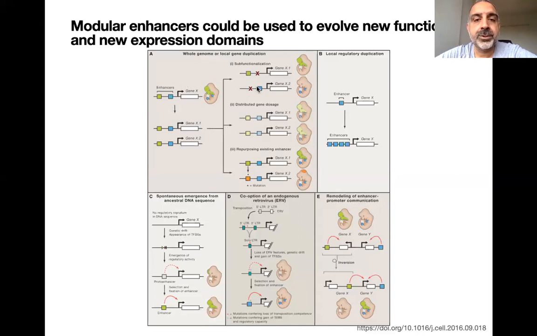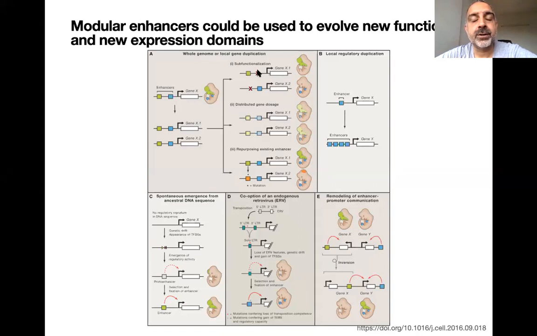If you have genome duplication, you can sub-functionalize this gene X. So you get, for example, X.1 and X.2 driving expression in just the face. So the limb enhancer in X.1 has been lost. And when I mean lost, it's just by the process of random mutations.